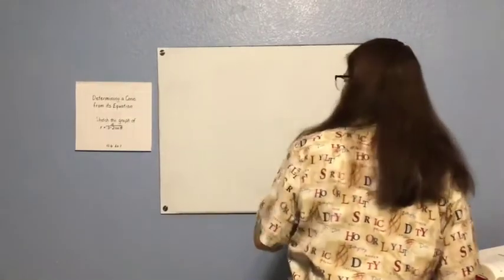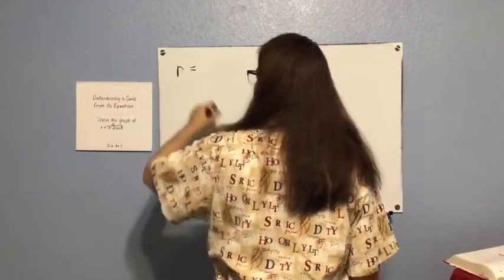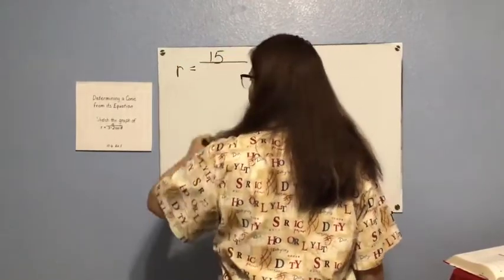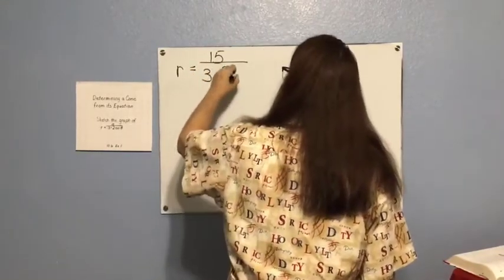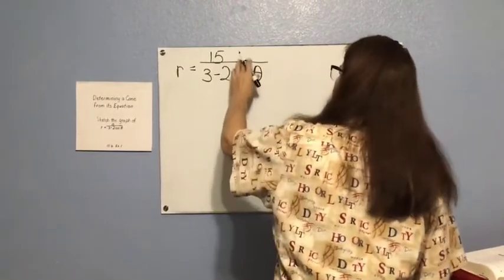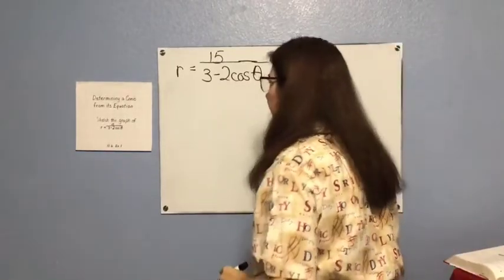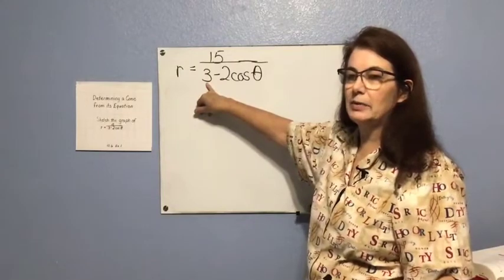So if I have this equation, r equals 15 over 3 minus 2 cosine theta, that looks pretty similar to the format that we had. The one thing that's different is this is a 3 and it needs to be a 1.